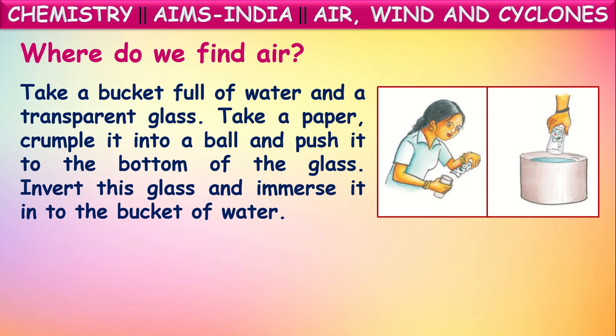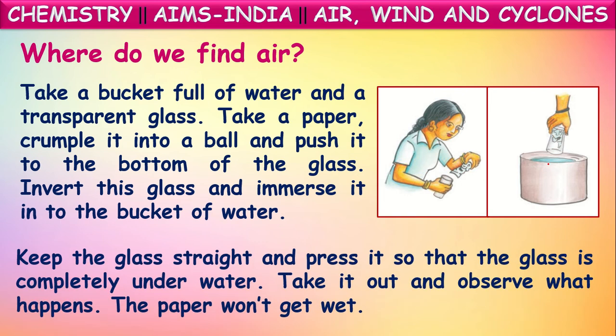Keep the glass straight and press it so that the glass is completely under the water. So we have to invert the glass, keep it in the straight position, and press it until it is completely under the water.